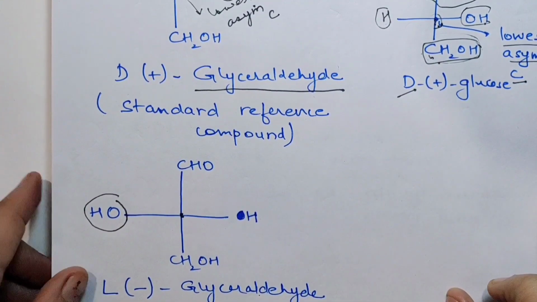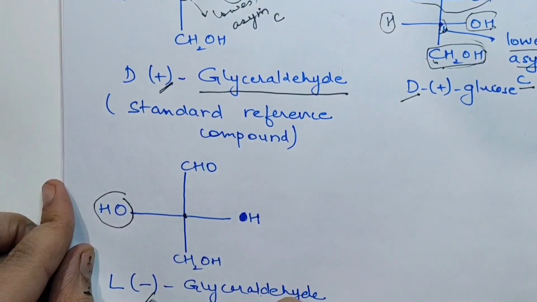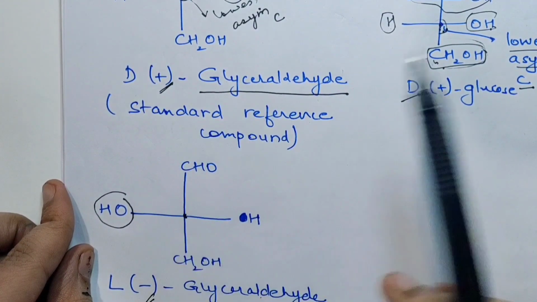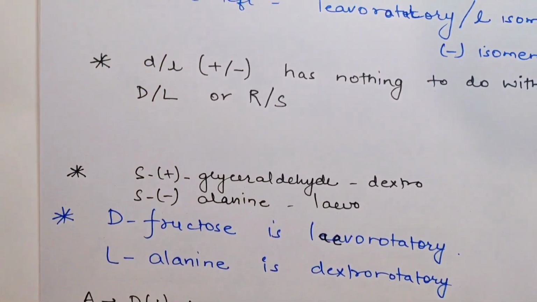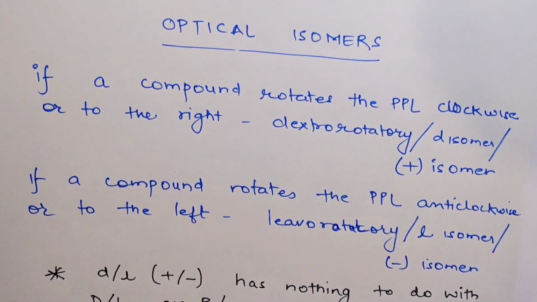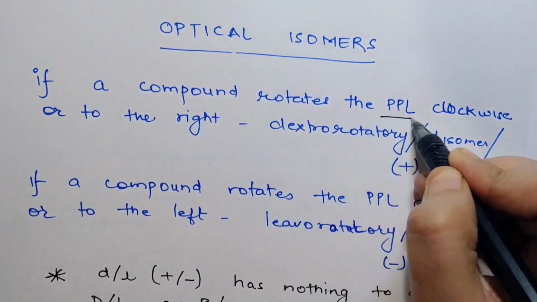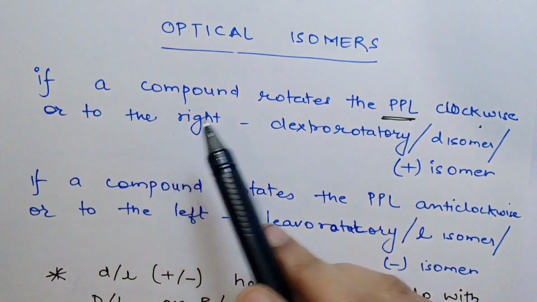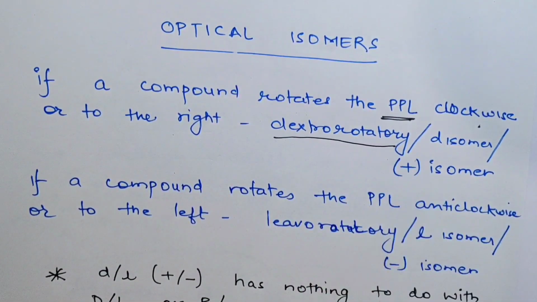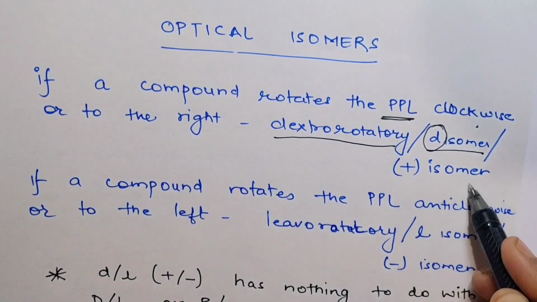Now, that was about capital D, capital L. What about this plus and minus sign? This plus and minus sign tells you how they rotate plane polarized light. So, if a compound rotates plane polarized light clockwise or to the right, it would be termed dextrorotatory or d isomer, small d mind you, or plus isomer.